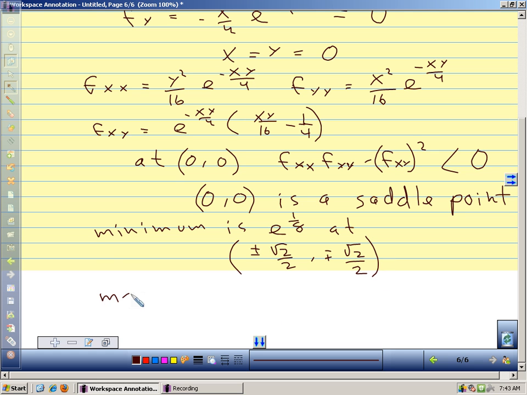And our max is e to the 1/8 at plus or minus square root of 2 over 2, plus or minus square root of 2 over 2.